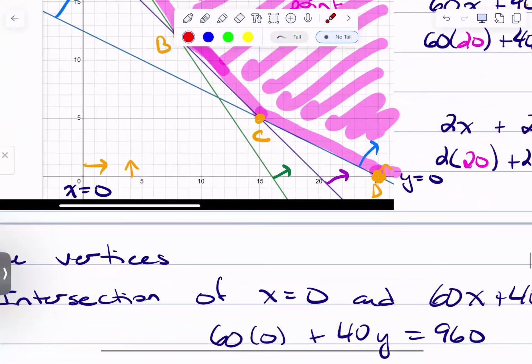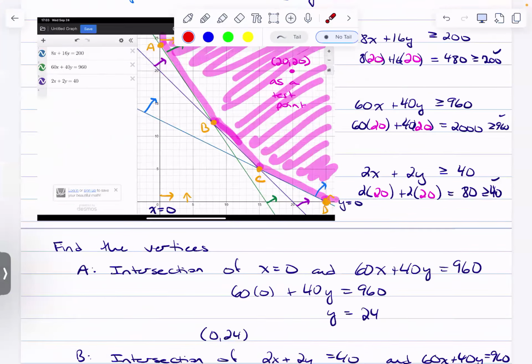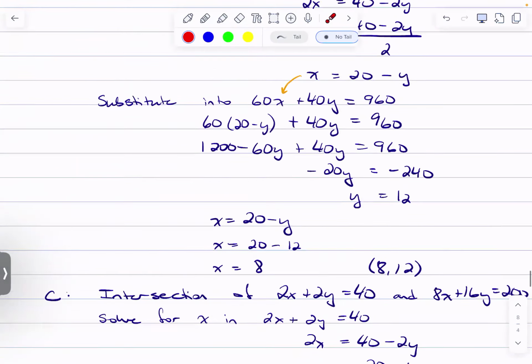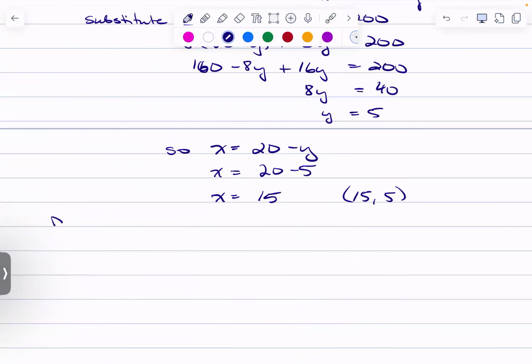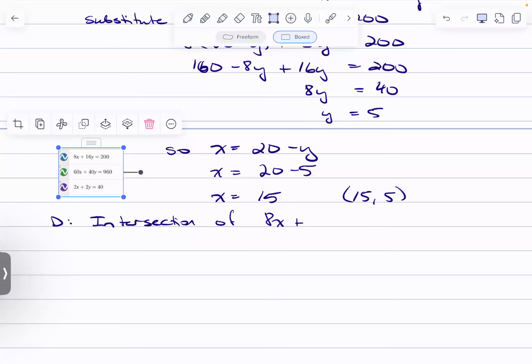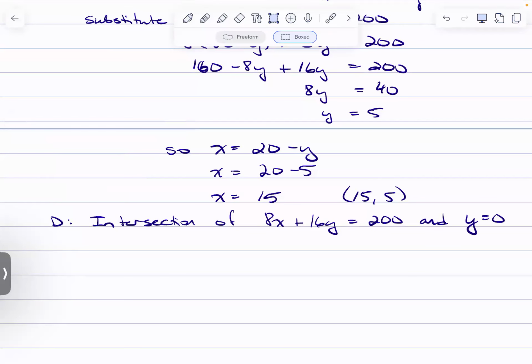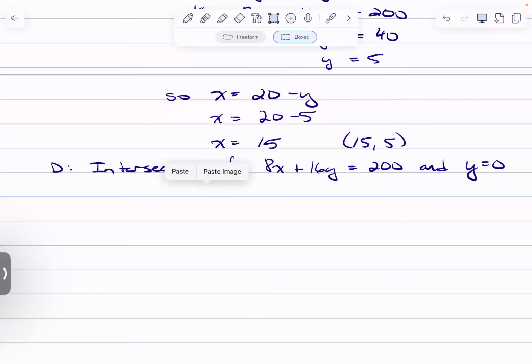Our last vertex is the easiest one, I think, or one of the easier ones. It's the blue line. 8x plus 16y is equal to 200. It's the intersection of, oh, now I've lost it. Blue line, 8x plus 16y equals 200 and y equals 0. There we go. 8x plus 16 times 0.